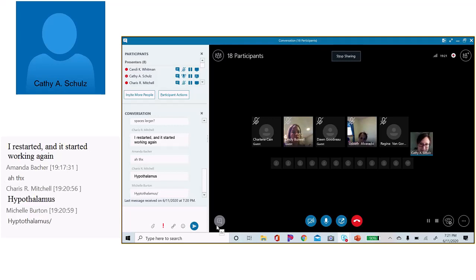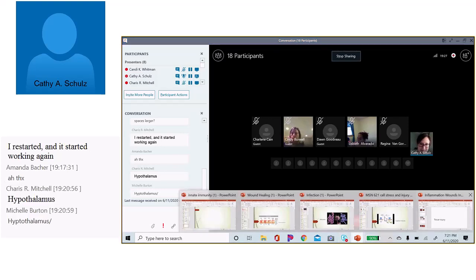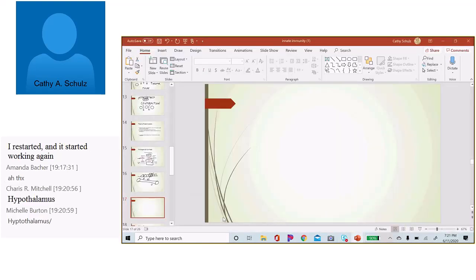So the hypothalamus is our thermostat, essentially. It has a set point, which is, in general, an average normal temperature. It is possible to have a normal temperature within a range between 97 and 99. Some people's normal temperature varies.